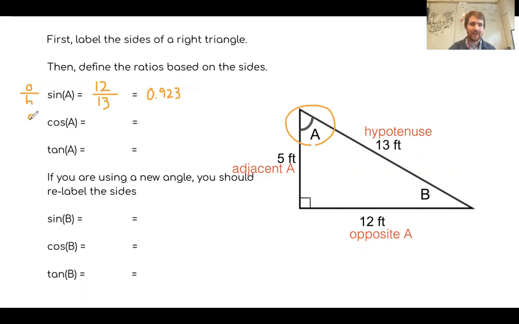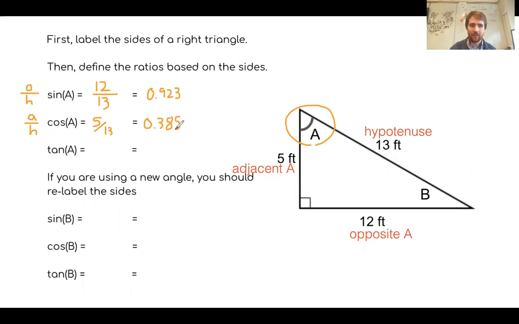Cosine, remember, is adjacent divided by hypotenuse. Adjacent in this case is 5. Hypotenuse is 13. Again, I'm getting these just from the picture over here. 5 divided by 13 equals 0.3846.